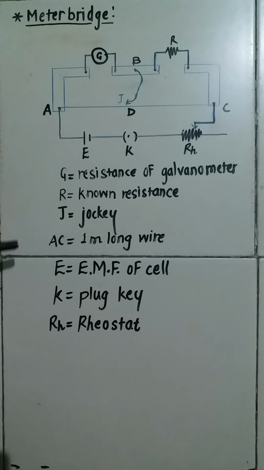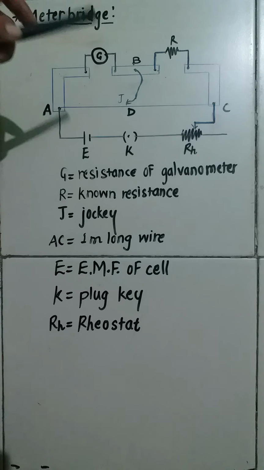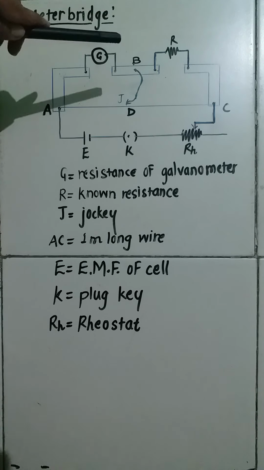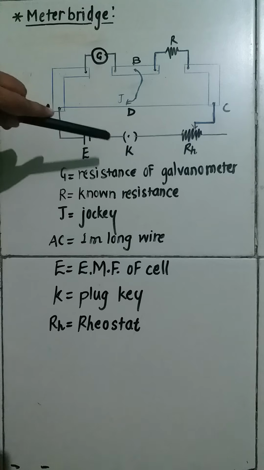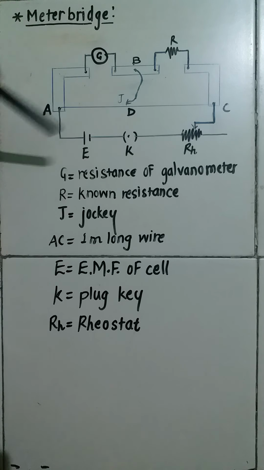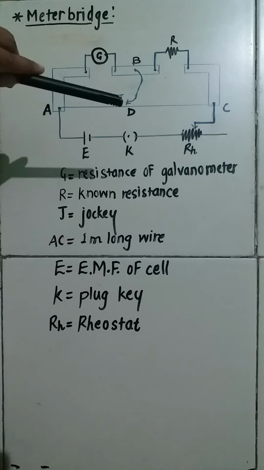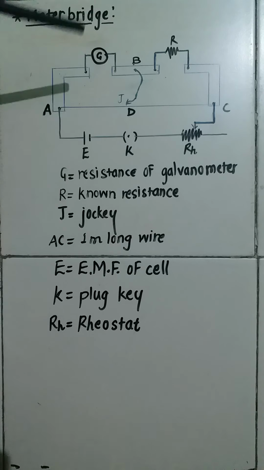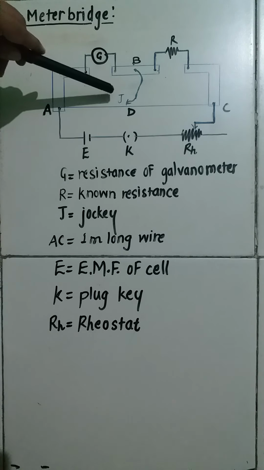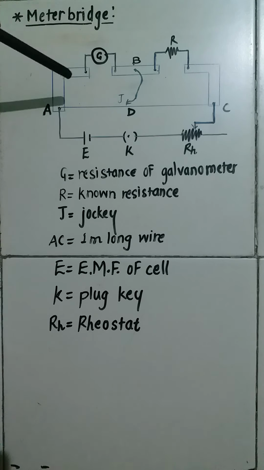Let us see the procedure to determine the resistance of galvanometer by using meter bridge. For a suitable value of resistance R, close key K and pass current through this circuit by adjusting the rheostat. Initially this jockey is not in contact with wire AC.